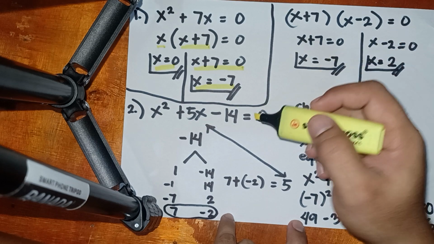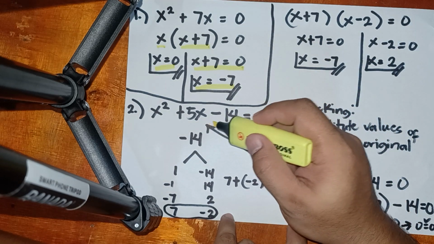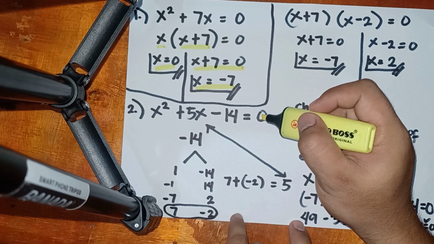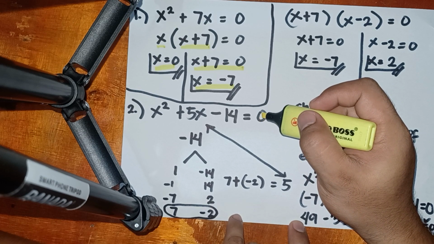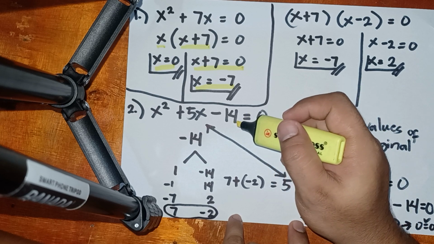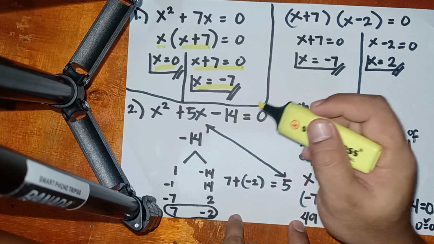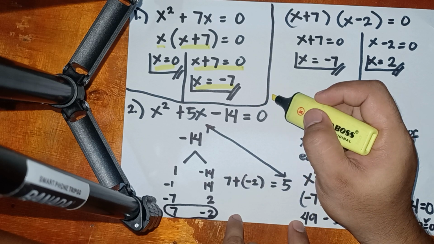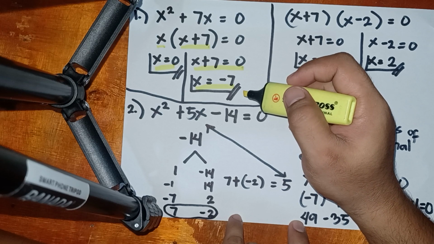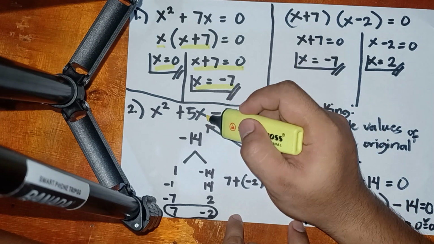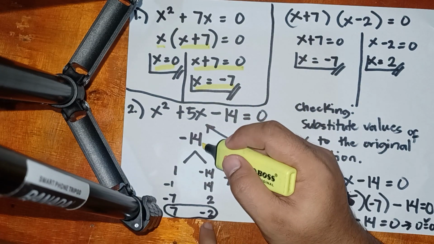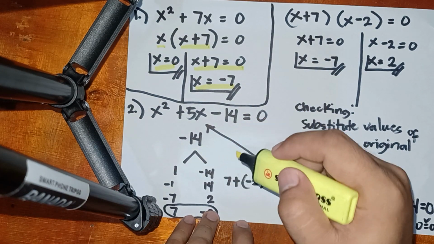For number 2, x squared plus 5x minus 14 is equal to 0. The rule is we need to find the factors of negative 14 that, if multiplied, will result to negative 14, and if added, will result to the numerical coefficient of the second term, which is 5. The first factors are 1 and negative 14.